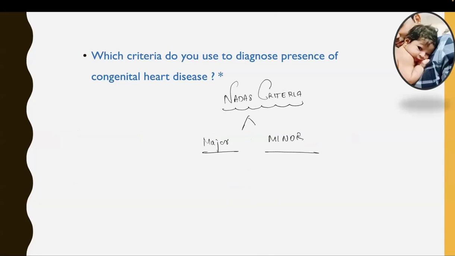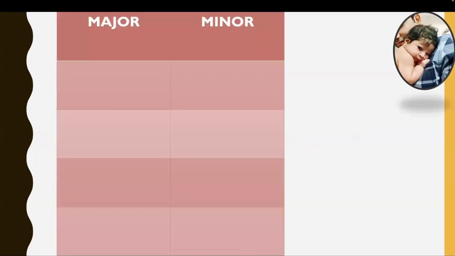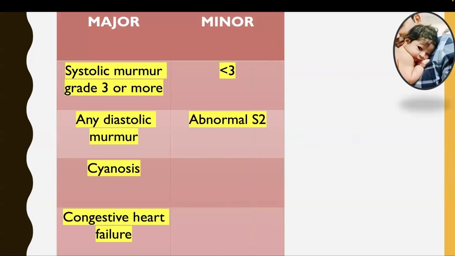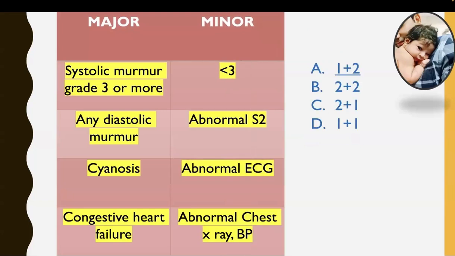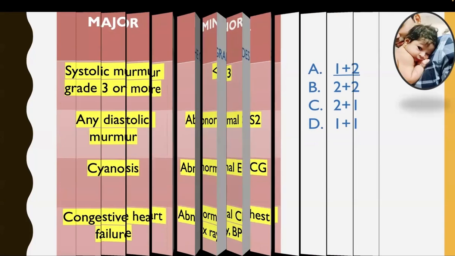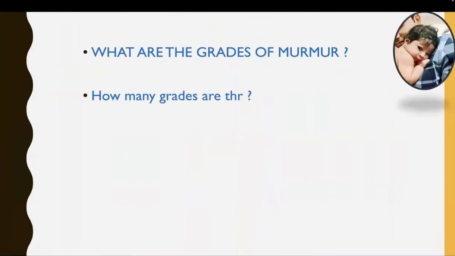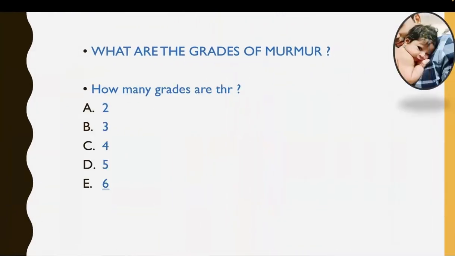The criteria to diagnose a congenital heart disease was Nadas criteria, major and minor, and you should know how many major and how many minor are positive. We need at least one major and two minor criteria; then we'll say the child has a congenital heart disease. Grades of murmur, we spoke about it. There are a total of 6 grades of murmur.